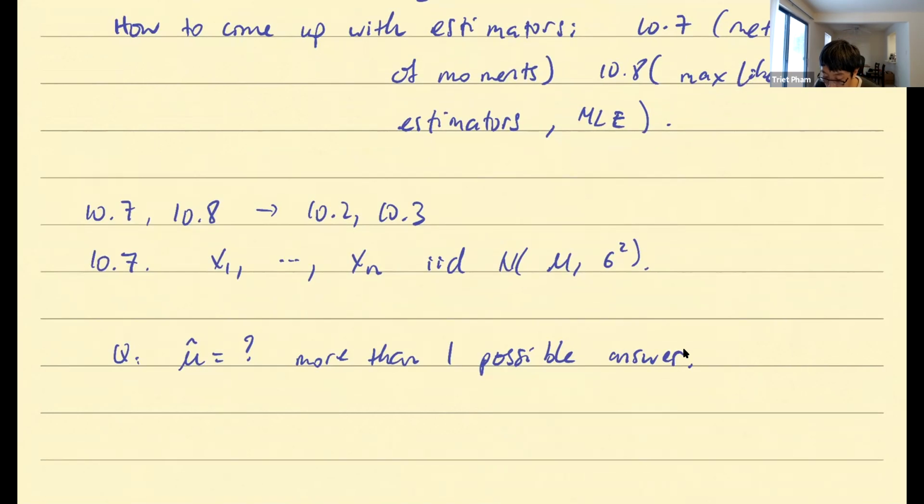And our job is to filter through these choices and see which one is the best. And I guess best depends on the situation, so judgment is called for. Anyway, more than one possible answer is the message I want to make. For example, here you have seen that that's the case. X bar and X tilde are both good guesses to begin with.